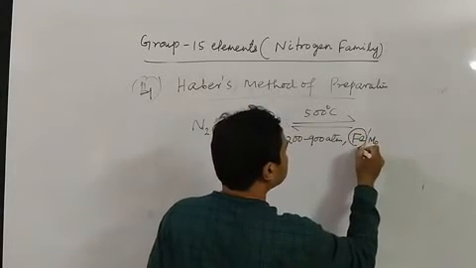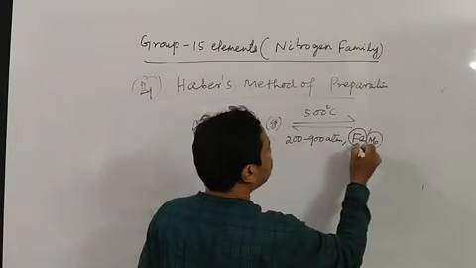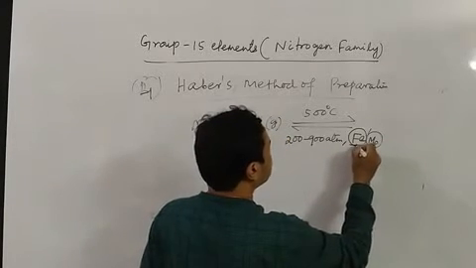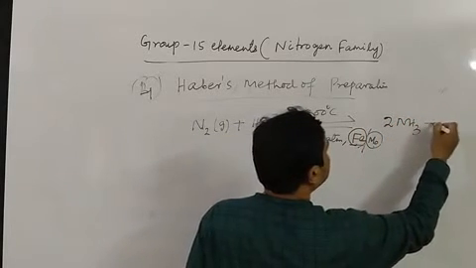Iron is the catalyst and molybdenum is the promoter. It increases the efficiency of the catalyst iron. It gives rise to ammonia and heat is liberated.